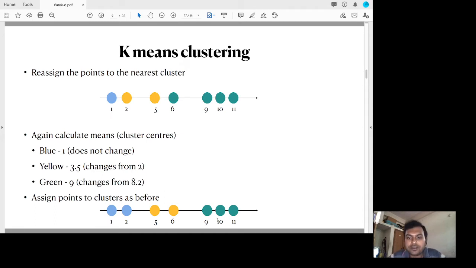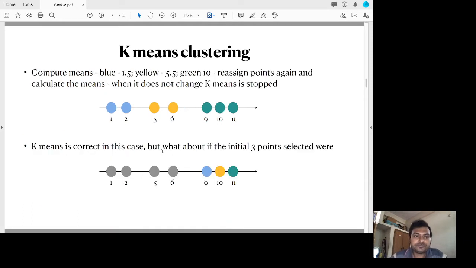However, the k-means algorithm will not stop at this because for k-means there is no ground truth. So the algorithm will continue doing this, but it has to stop at some point. So where will it stop? It will now compute the means of blue, yellow and green, and they will turn out to be 1.5, 5.5 and 10.